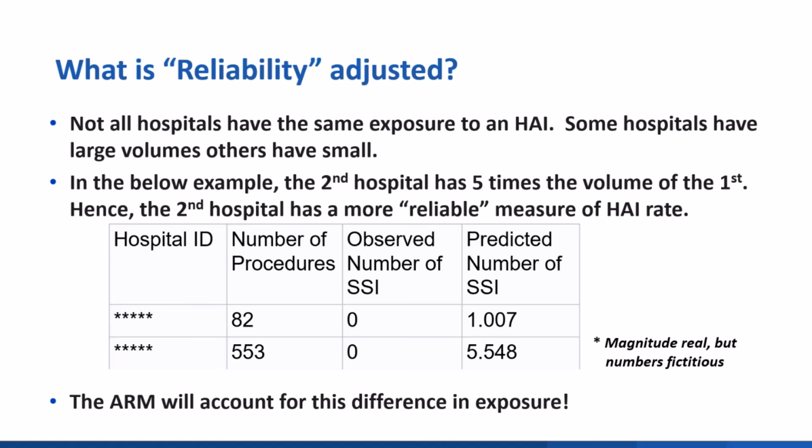They both have 0 SSIs, but the exposure they have is far different. The second hospital has 5 times the procedures and 5 times the predicted number of SSIs. The key here is that the ARM is going to account for this difference in exposure. And we're going to see that graphically and through examples in the following slides.